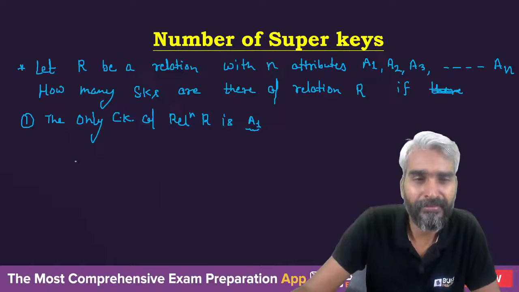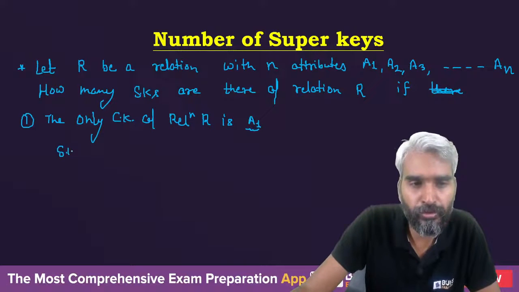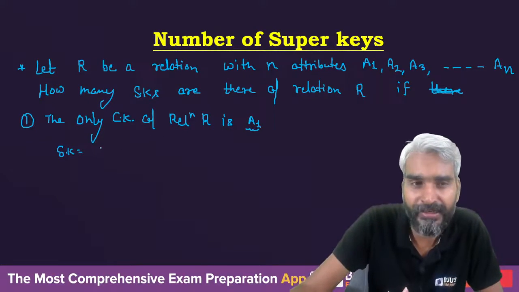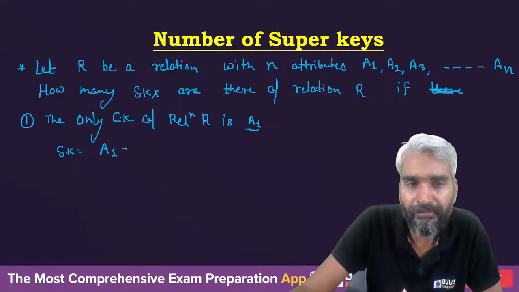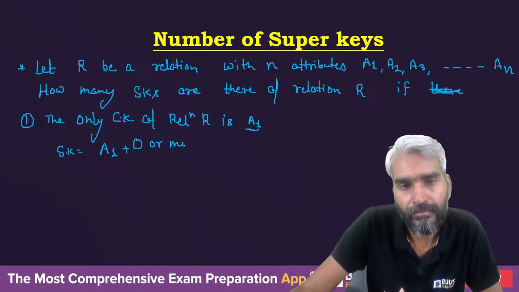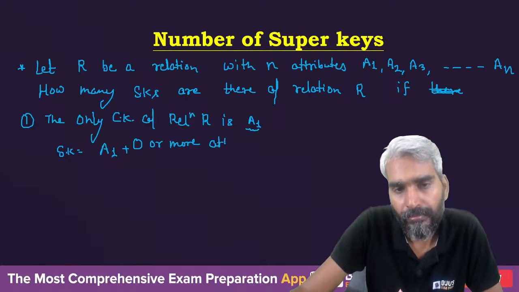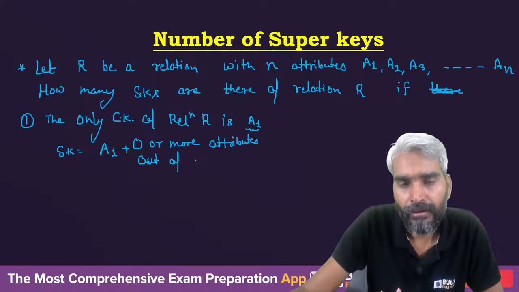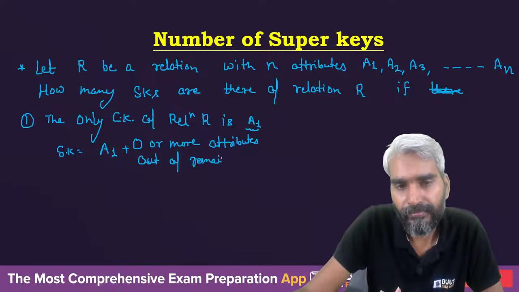This is simple enough. What is a super key? A super key is nothing but a candidate key plus any other attributes. There is only one candidate key, therefore A1 must be present plus 0 or more attributes out of the remaining n minus 1.